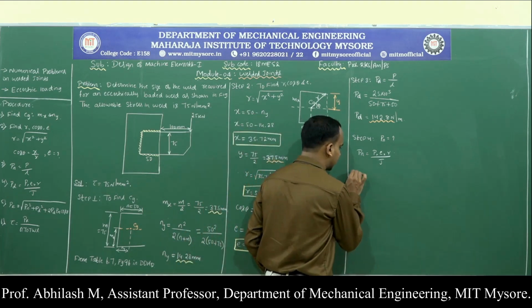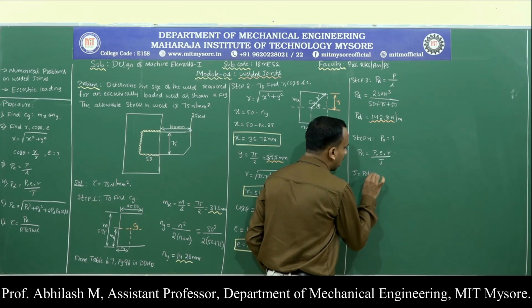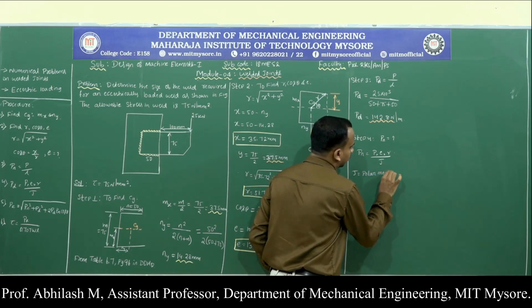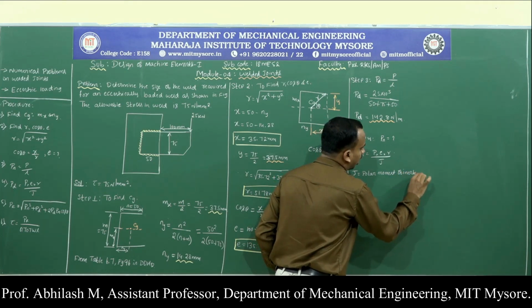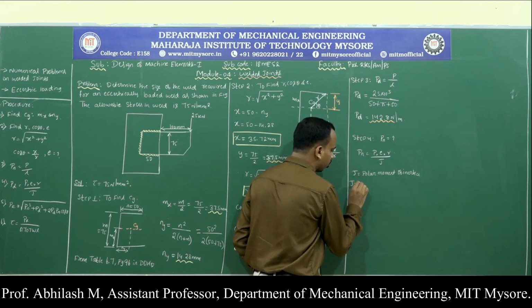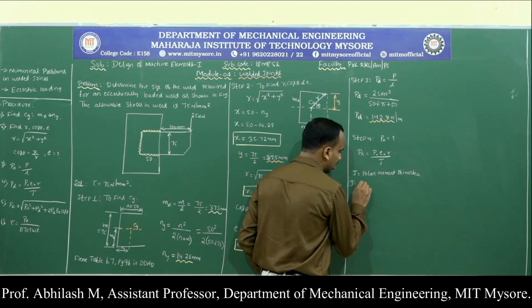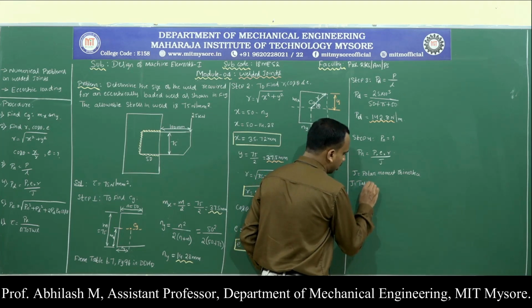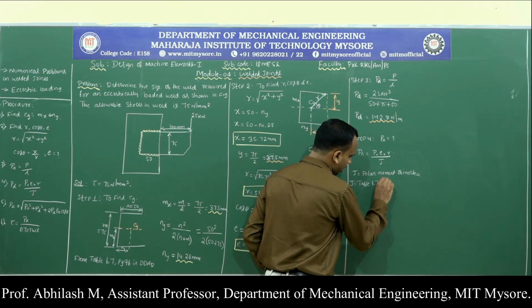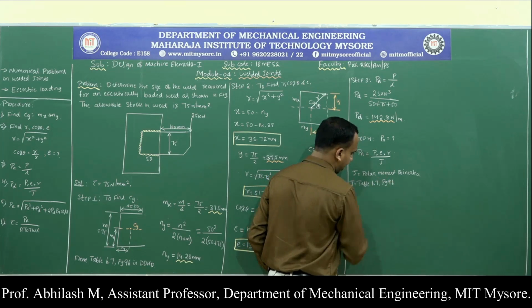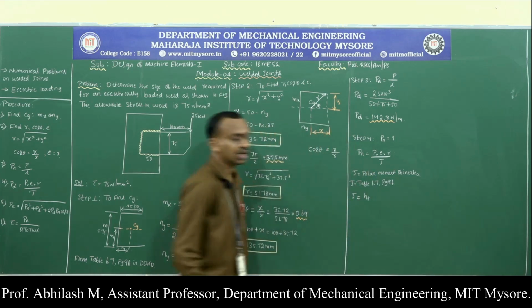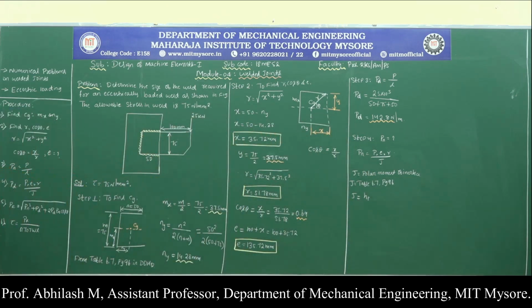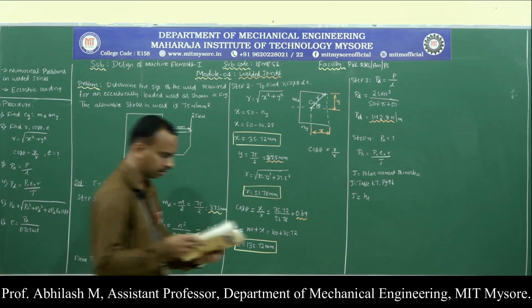The value of J, that is the polar moment of inertia, we are supposed to look up from the data handbook, from table 6.7, page 96. The value of J, we have a separate column for that.